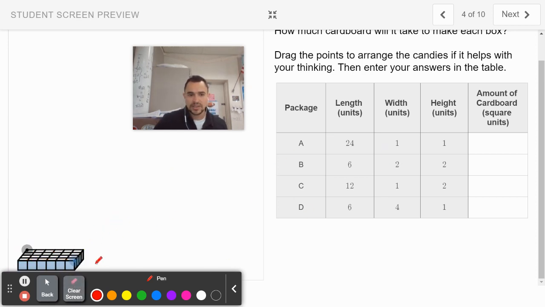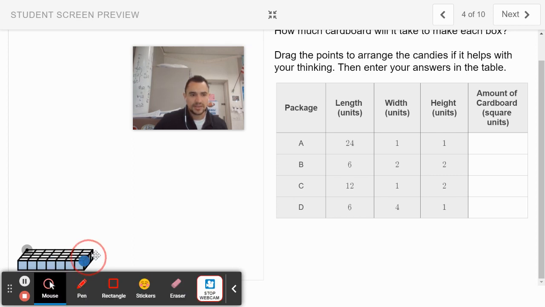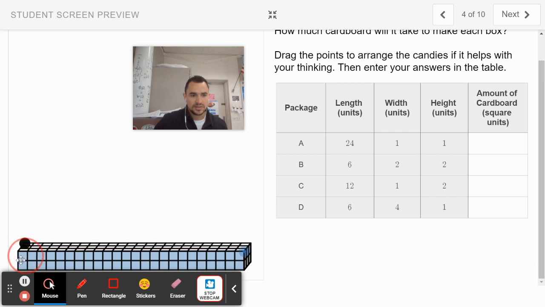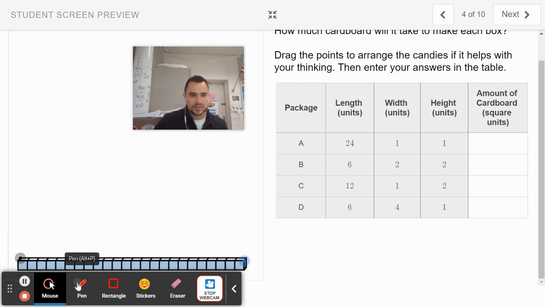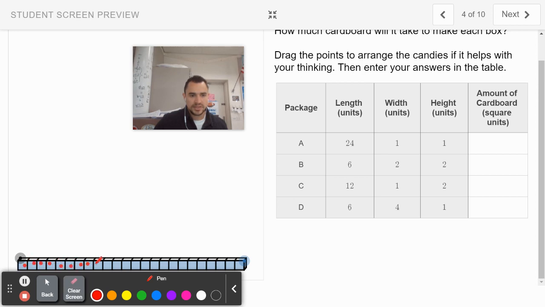So let's go ahead and take a look at A. What would A be like? So we have 24 in length. Let's use a pen. 1, 2, 3, 4, 5, 6, 7, 8, 9, 10, 11, 12, 13, 14, 15, 16, 17, 18, 19, 20, 1, 2, 3, 4.